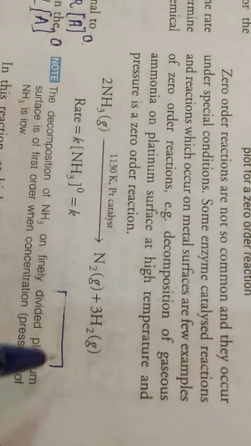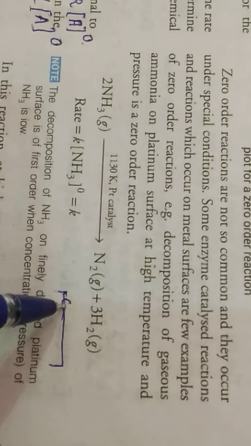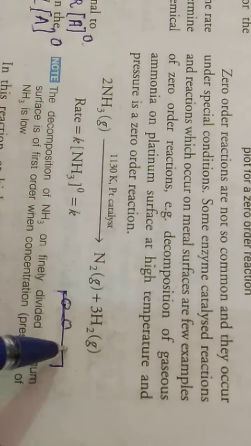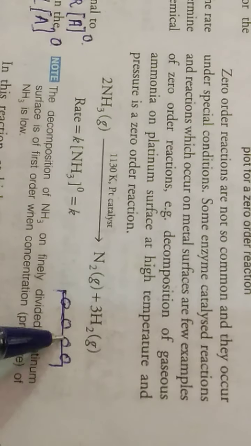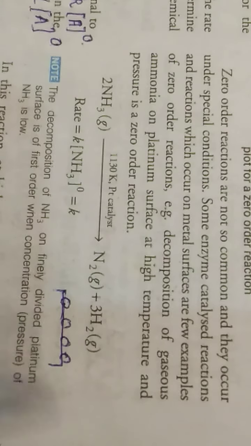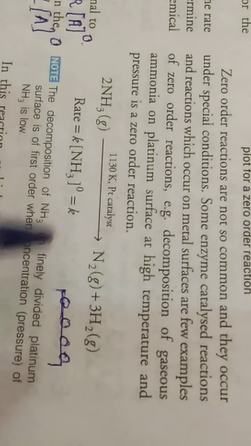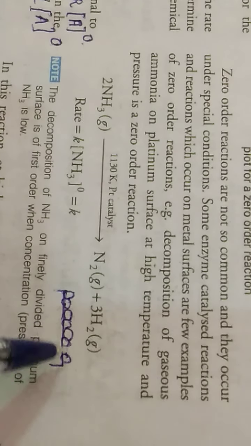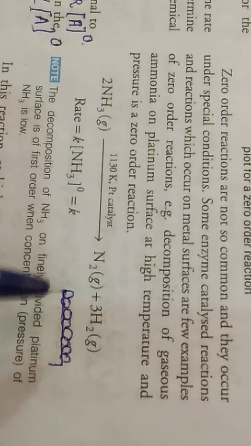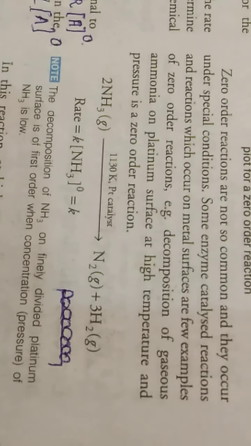This is the platinum catalyst, with space over it. These are the ammonia molecules which get adsorbed, and the reaction occurs here. But under high pressure, the vacant space is also occupied by ammonia molecules. Now there is no space left for further ammonia molecules to come and carry out the reaction.